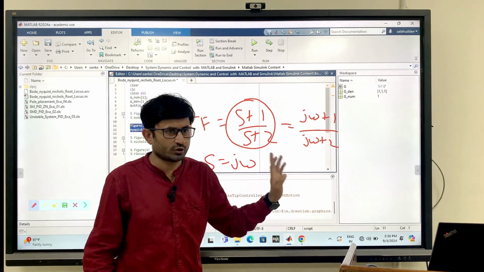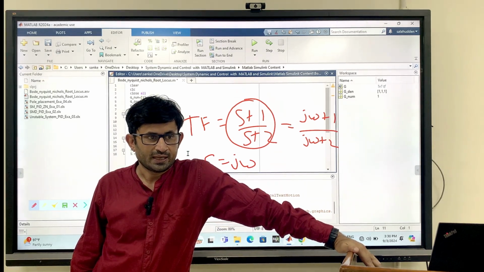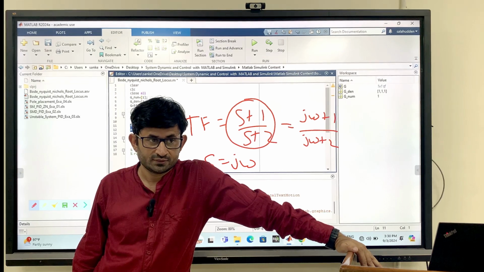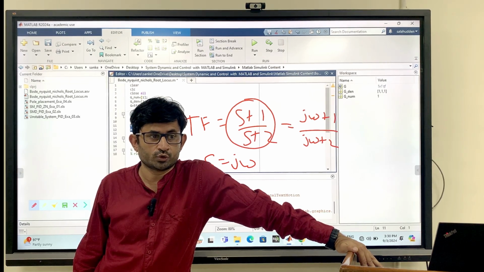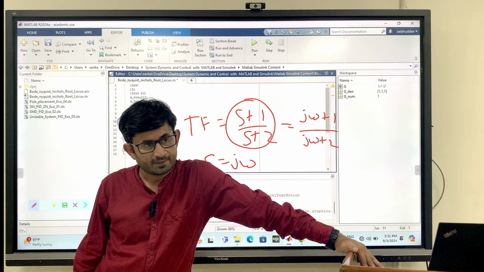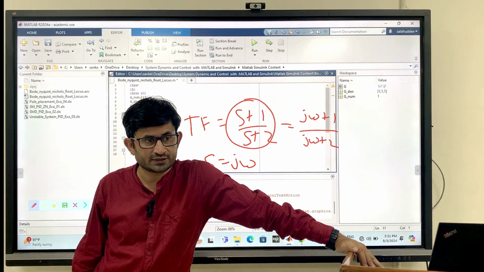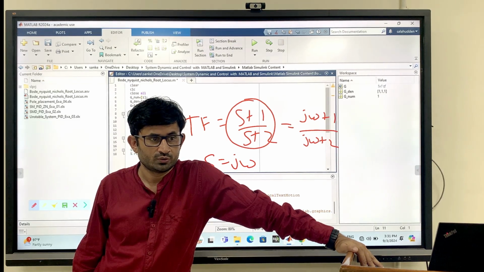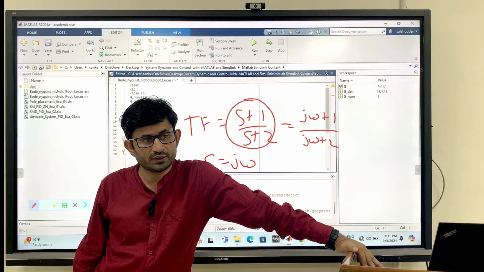First you put s equal to j omega, and then you calculate by putting omega equal to 0 and omega equal to infinity, and then in the third step you equate the real part to 0 and the imaginary part to 0, and the final step is to plot.